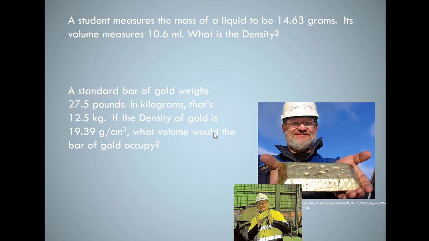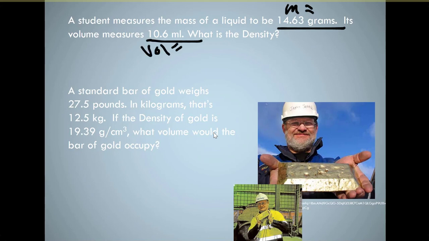Let's go and do some calculations in density. So we have a student measures the mass of a liquid to be this amount, and I like to always identify what each of the numbers are. So mass is equal to 14.63 grams, and then we have a volume measure right here. So this is my volume.